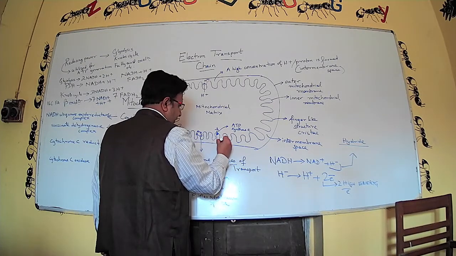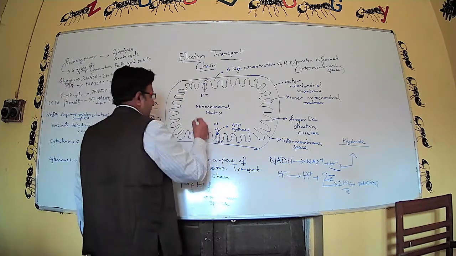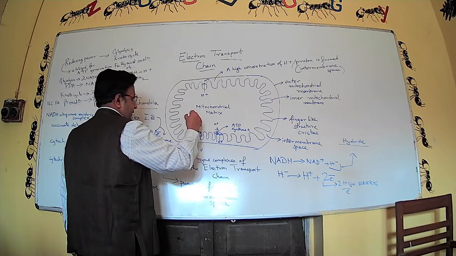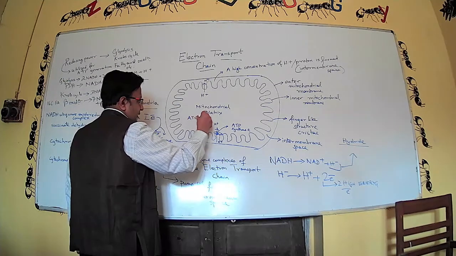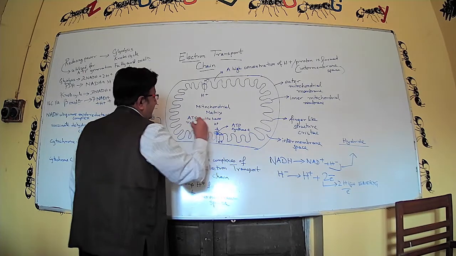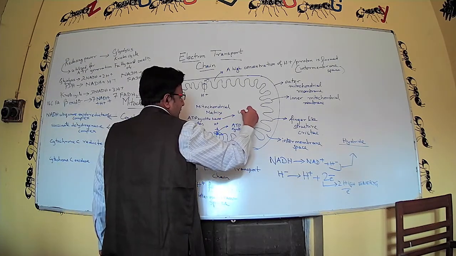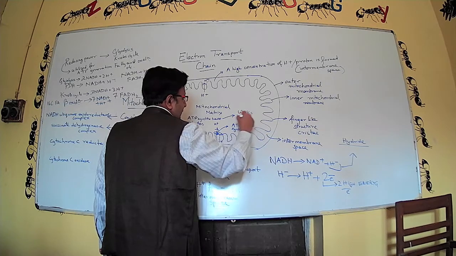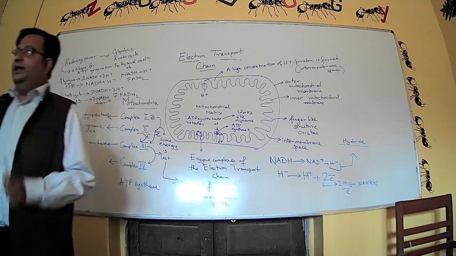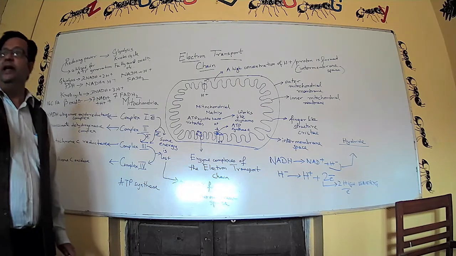H plus enters from here inside, and in that process ATP synthase rotates, works like a dynamo, like a hydraulic power plant. This energy is utilized to make ATP from ADP and Pi.